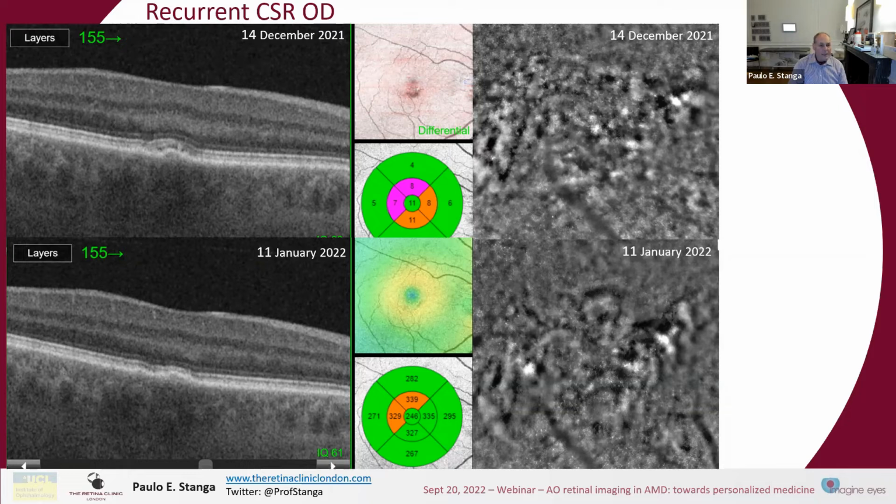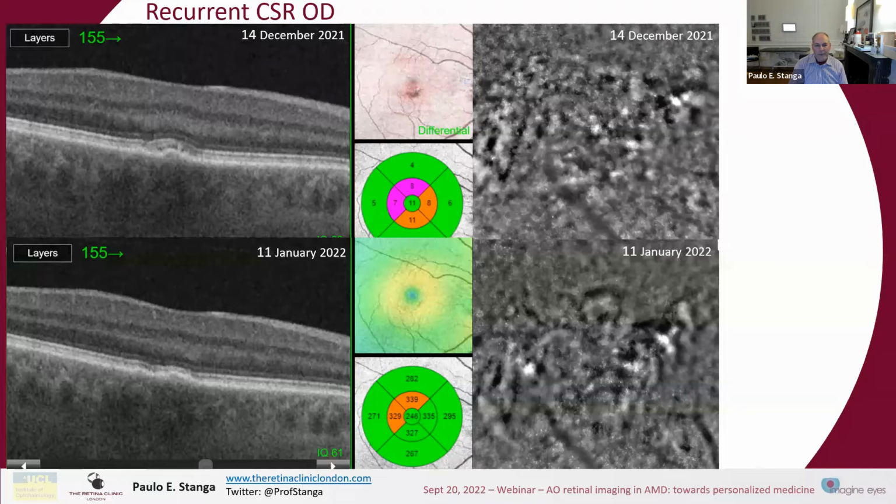So let me share with you one of my patients. This is a 63-year-old male patient, type A personality, intermittently stressed, who first came to see me in March 2020.